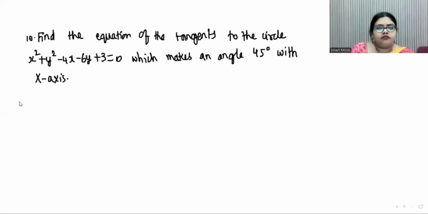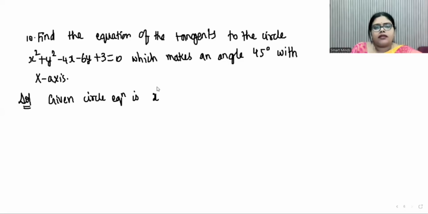Take the next question. Find the equation of the tangents to the circle x square plus y square minus 4x minus 6y plus 3 is equal to 0, which makes an angle 45 degrees with x-axis. So first let us write down the given circle. Given circle equation is x square plus y square minus 4x minus 6y plus 3 is 0.